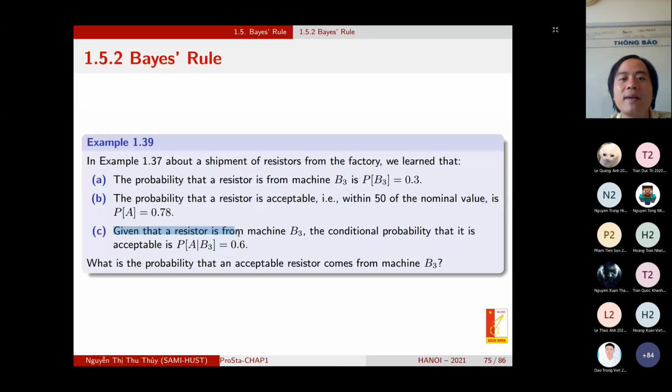So for example, if it is made by machine 3, it is marked by B3. You have a sign on that resistor. So if you take it and observe it, you know that the resistor is from machine B3. So what is the conditional probability that it is accepted?